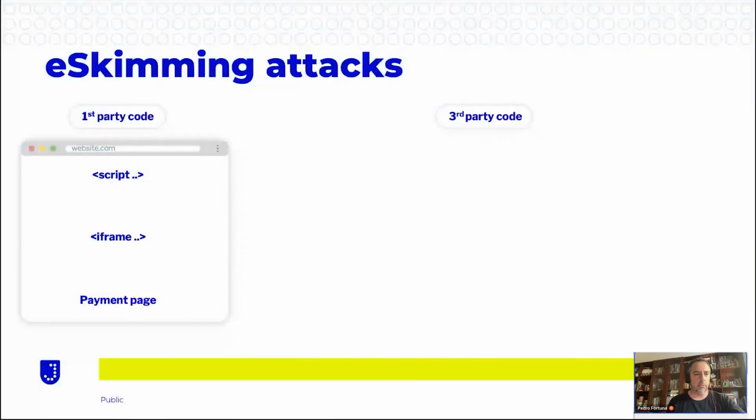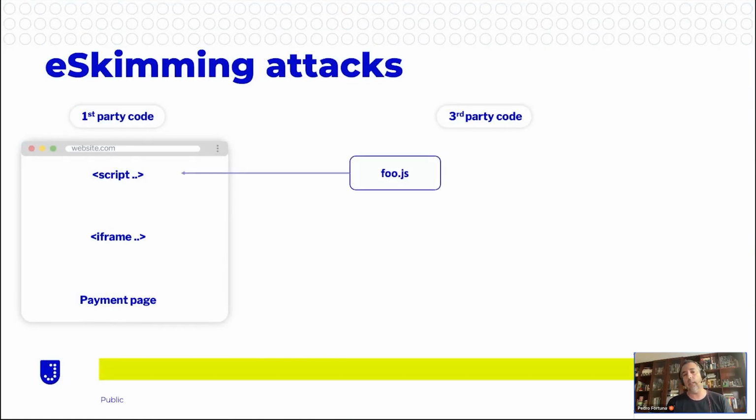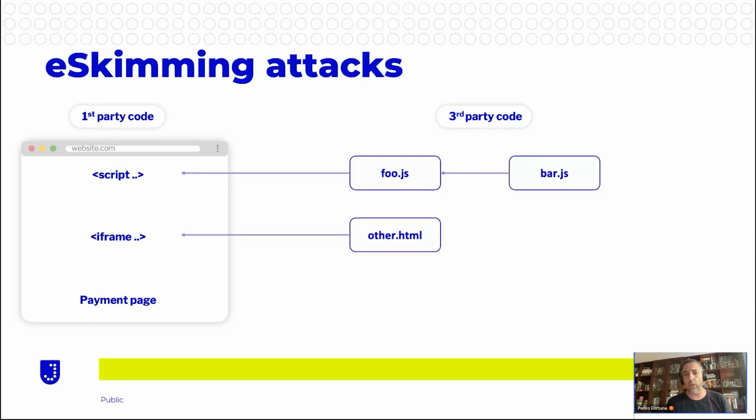So let's see it in more detail. How do they work? It starts by you embedding a script that loads JavaScript, usually from a third-party server, and that code can load additional code without your consent. We call that fourth-party code. Third-party code is also very commonly loaded through iframes.